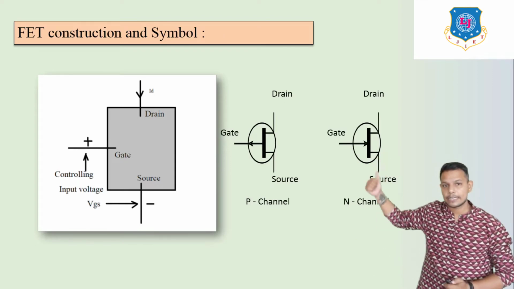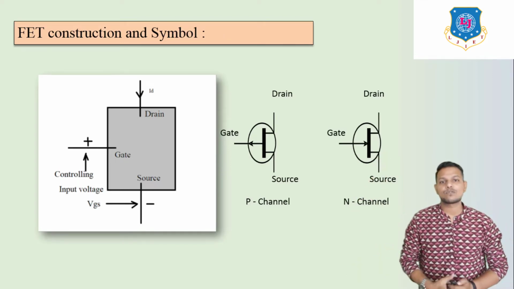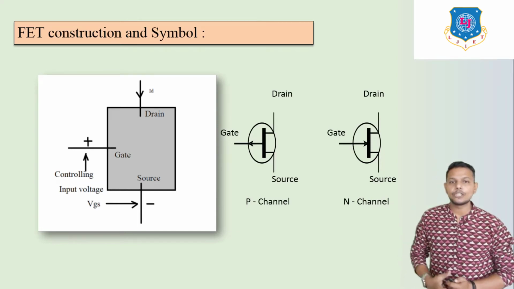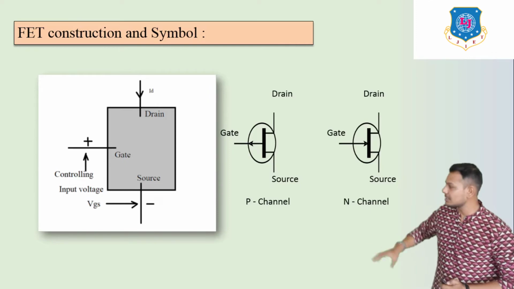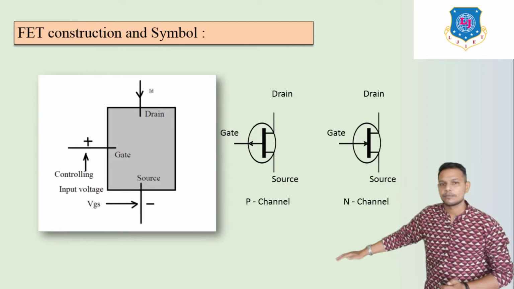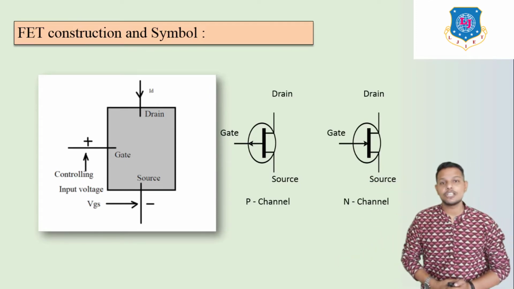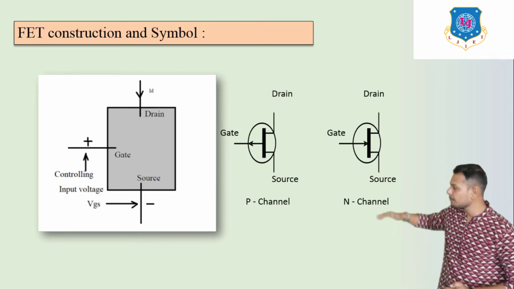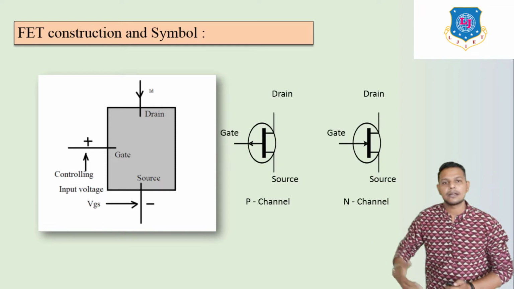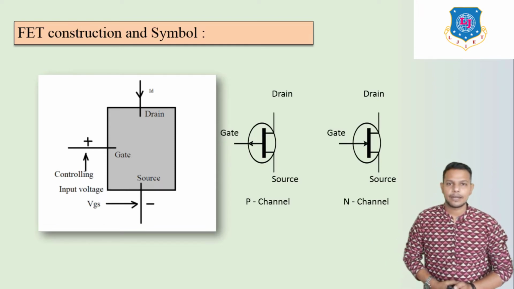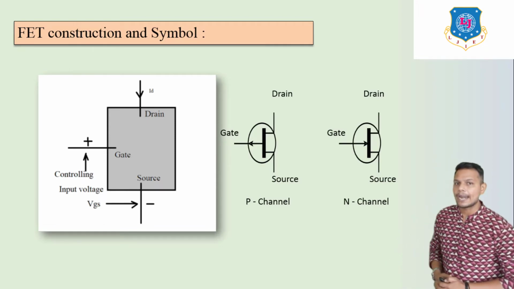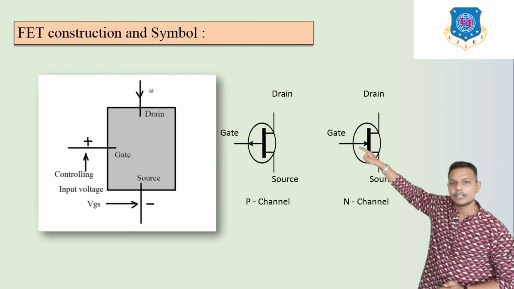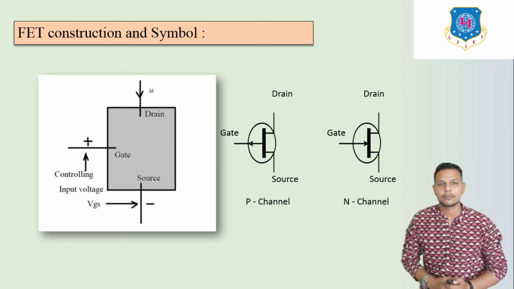So drain, gate and source are the terminals of the FET. Here we are going to apply voltage across gate and source. That is also known as VGS, the gate to source voltage. The potential difference between gate and source is our input voltage, and accordingly we will get output current ID, which is represented over here.